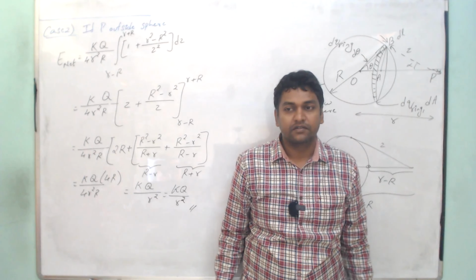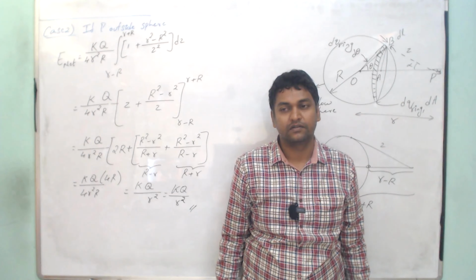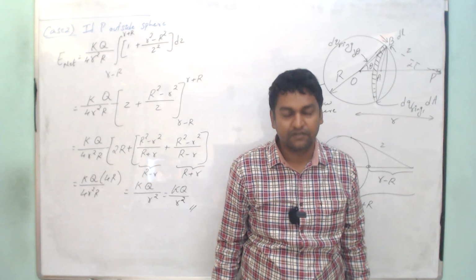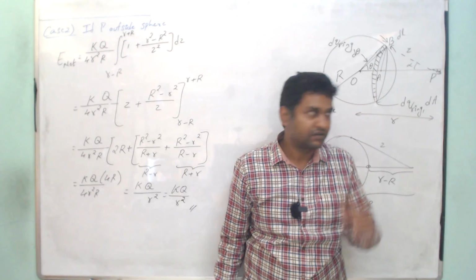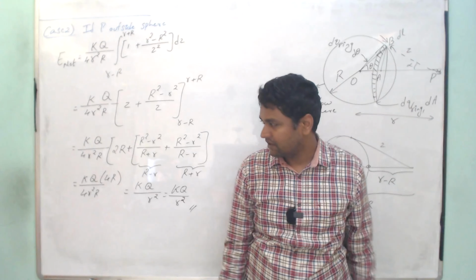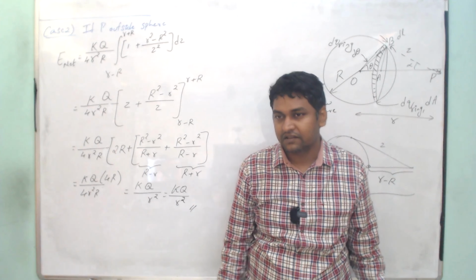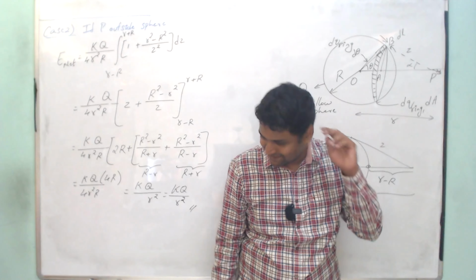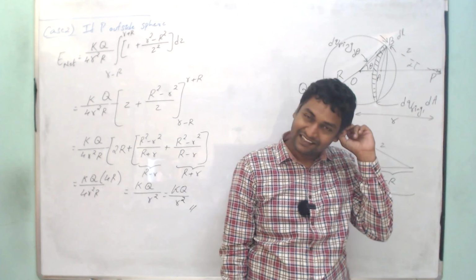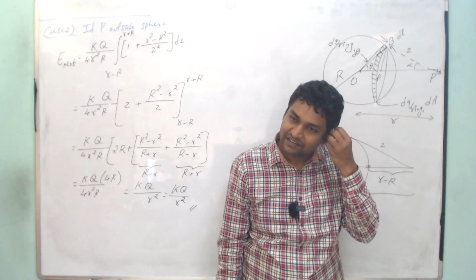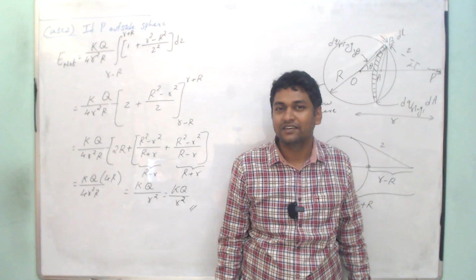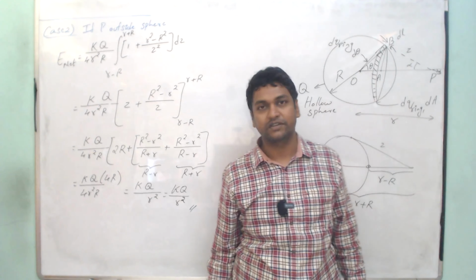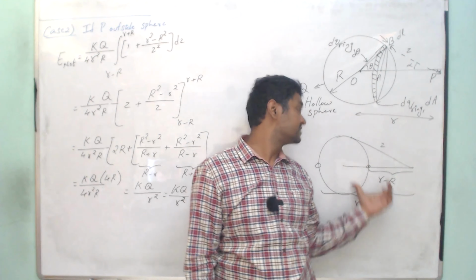Only r square will go away, sir. There should be only 1 R. Okay, so eventually we will get it as KQ by r square, where small r is basically the distance from the center.